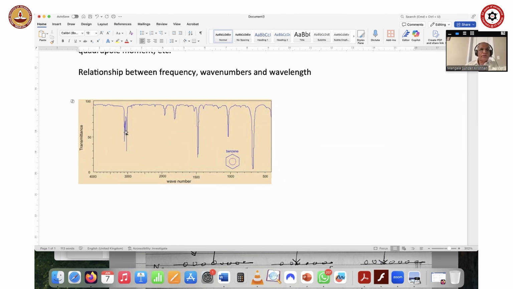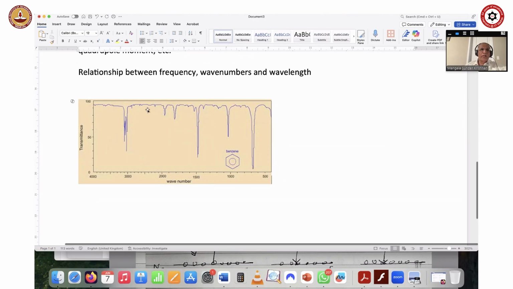Each line position gives a representation of a transition and the spectral frequency at which the radiation is absorbed by the molecule. So here, there are many such lines. There are big lines and small lines. So the first one is positions, one here, one here, one here, and so on.